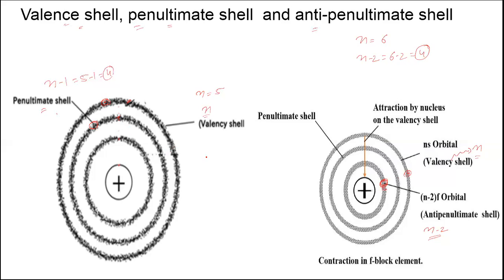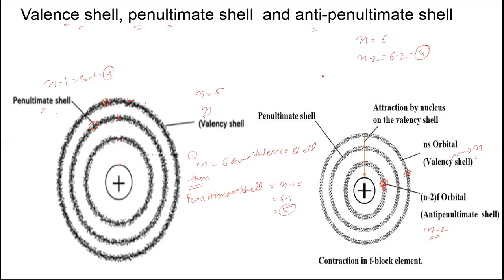In a simple way, if n is a valence shell and its value is 6, then for penultimate shell, the value is n minus 1, that is 6 minus 1, that is 5.